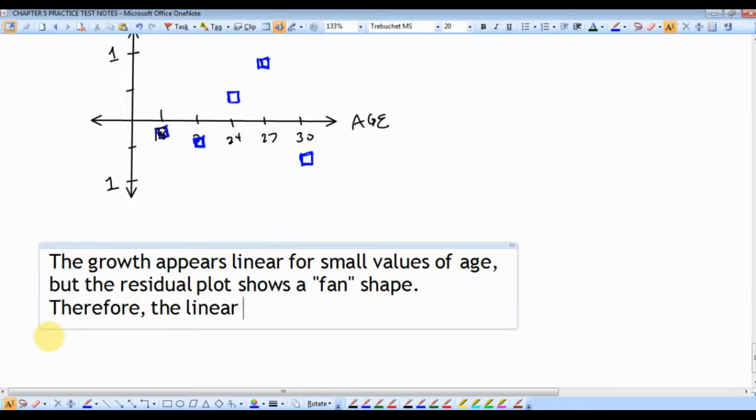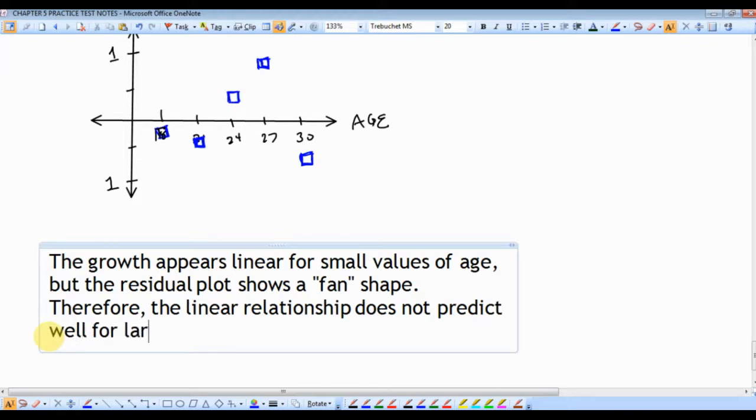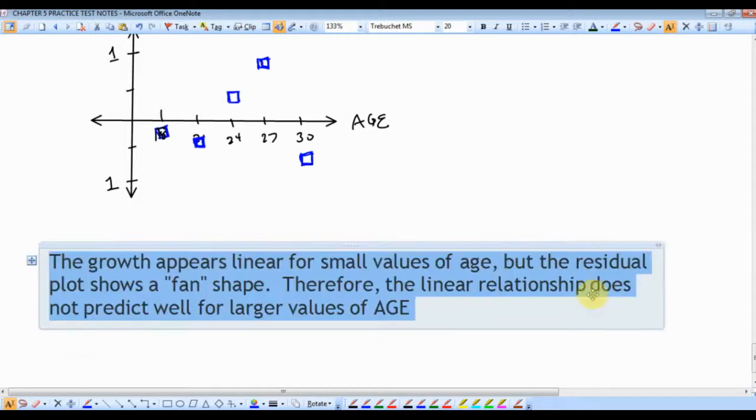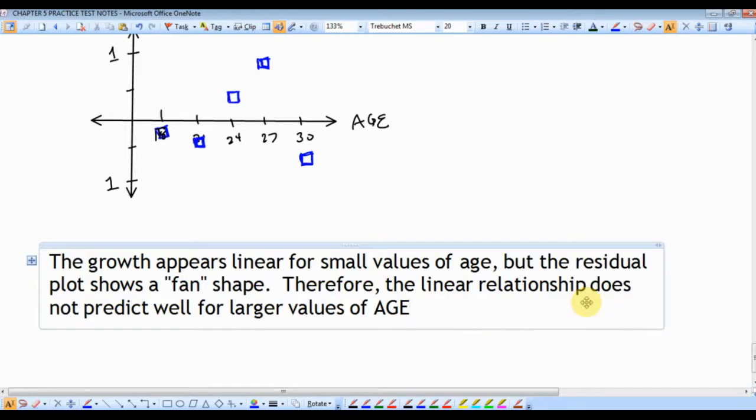Therefore, the linear relationship... I can go with that.